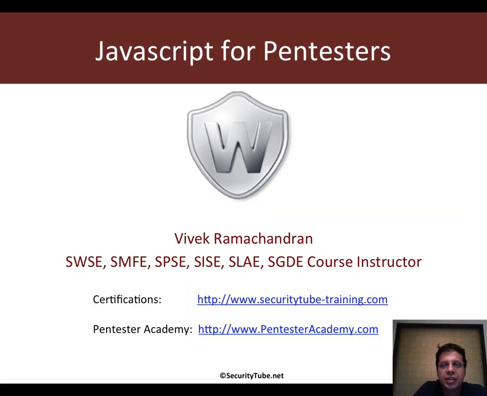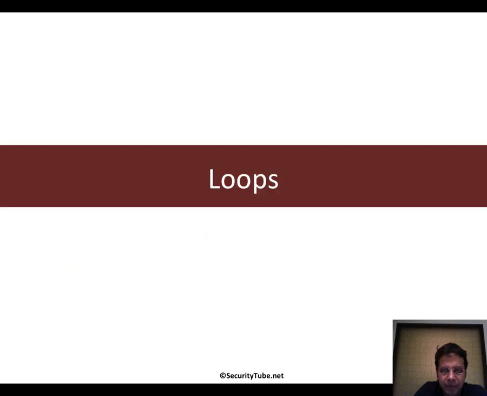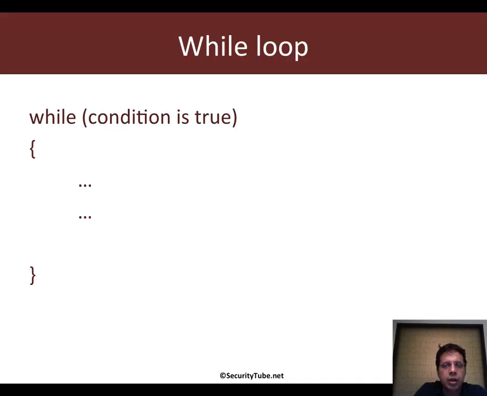Welcome to the JavaScript for Pentesters course at Pentester Academy. Now in this video, we will look at loops in JavaScript. Now the very first loop, which is also supremely common, is the while loop. Now the invocation is really simple.